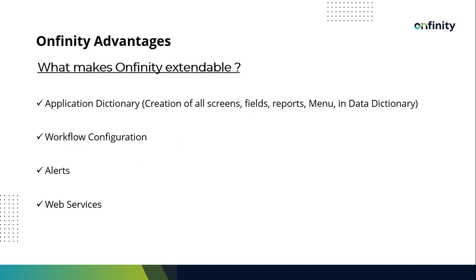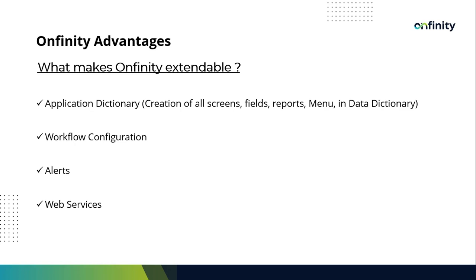And we can understand what makes Onfinity extendable. The application dictionary, which we have already understood, allows users to create their screens, fields, reports, and menus in the data dictionary, which is configurable without writing code. Then there is workflow configuration. Users can define workflows, and we have a workflow composer from the user interface with a drag and drop feature.